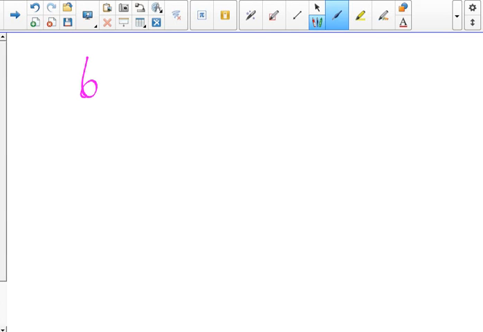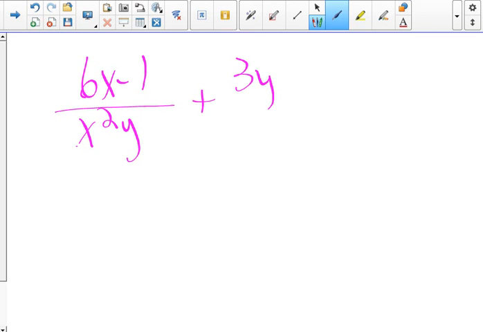And they give us 6x minus 1 over x squared y plus 3y plus 2 over 2xy. So it shows our first steps. They factor everything out.